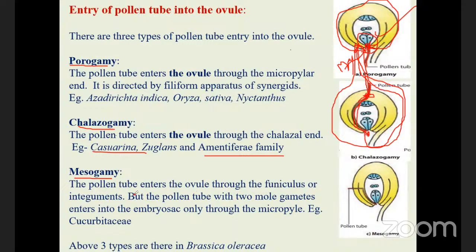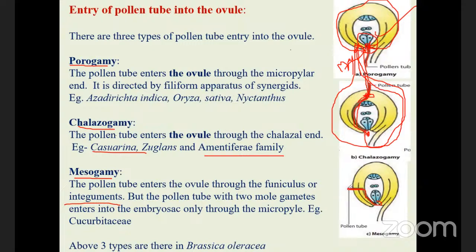The third type is mesogamy. The pollen tube reaches through the funicle or through the integument. Reaching through the integumental layer toward the ovule, that is called mesogamy. Okay.